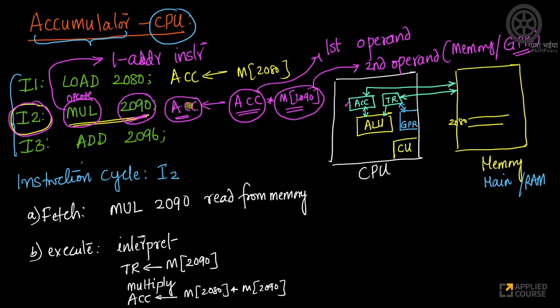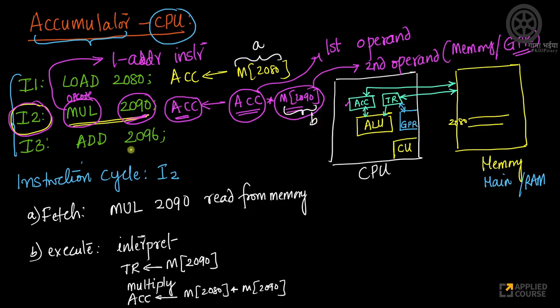Very simple, right? So what happens now? Accumulator equals accumulator into M 2090. Here let's simplify and say that whatever data is stored in memory 2080, let's call it A, just for simplicity. Whatever data is stored in memory address 2090, let's call it B.